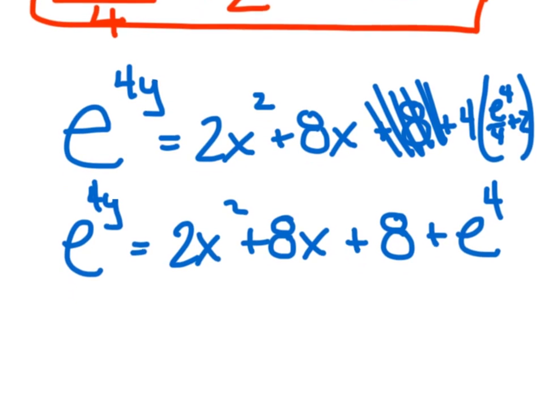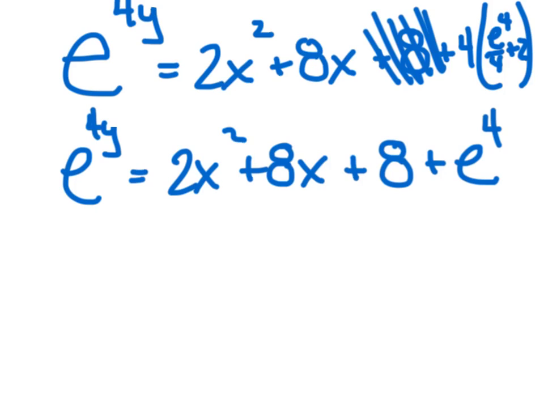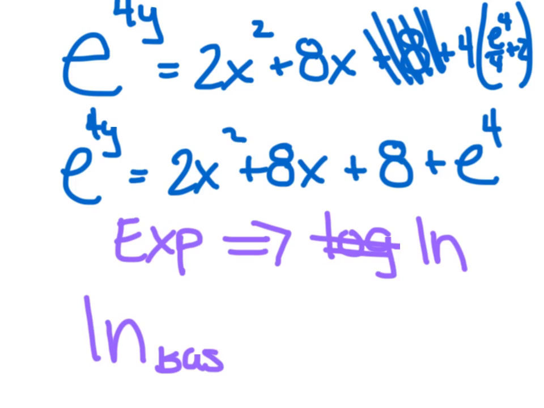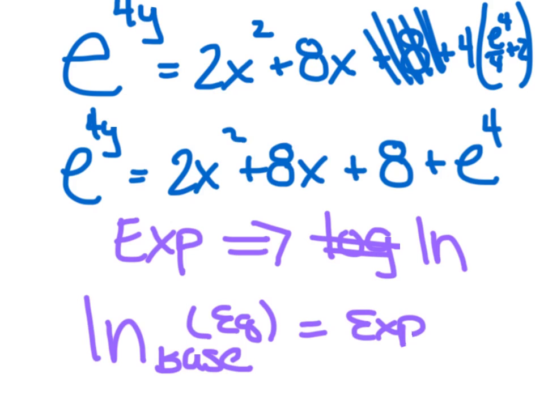Okay, now this is kind of the complete opposite from what we just had. I now want to go backwards, and I'm in exponential form. I want to convert this to logarithmic form. Okay, so I'm in exponential going to log. And I'm going to use natural log. So I'm going to say ln, it's always base, and then what you're equal to, and then the exponent.